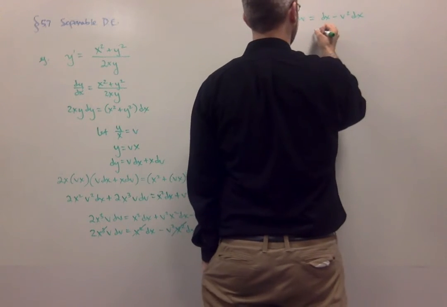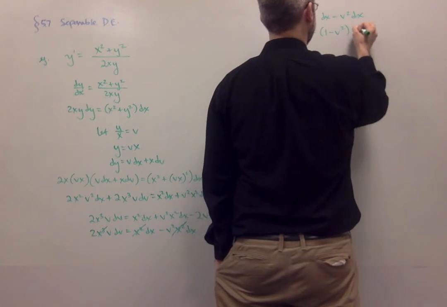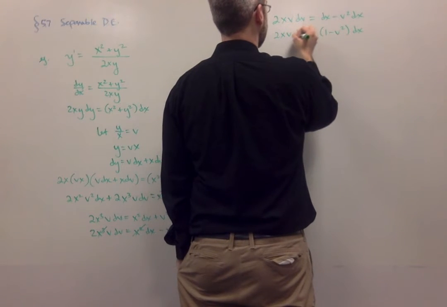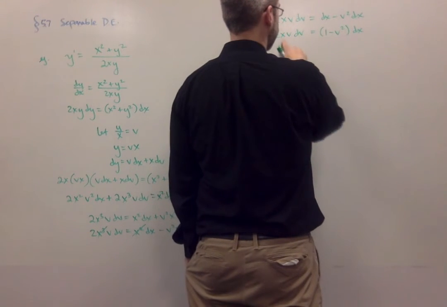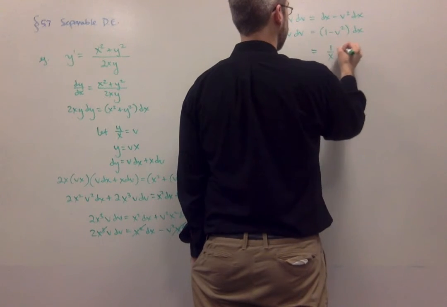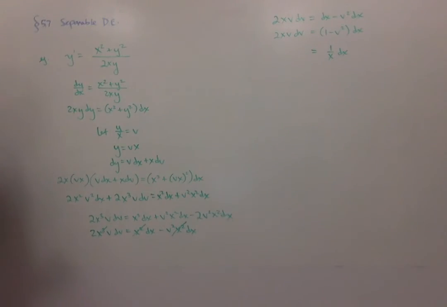So let's factor out the dx. And I've got 1 minus v squared times dx. Now let's put the x over on the left side. Sorry, the x over on the right side, so that's going to be 1 over x.